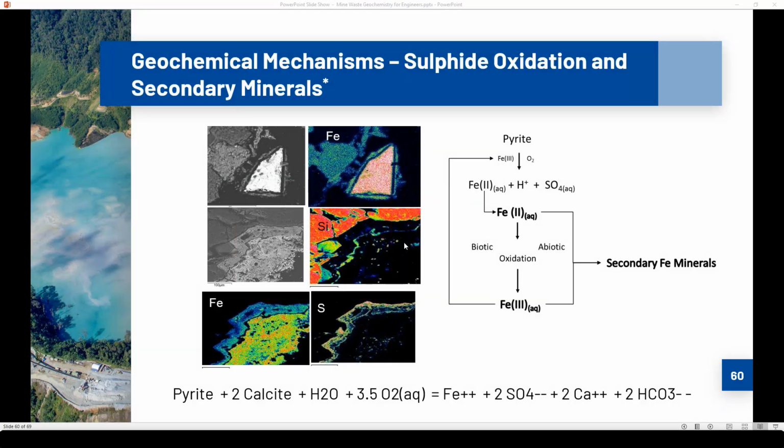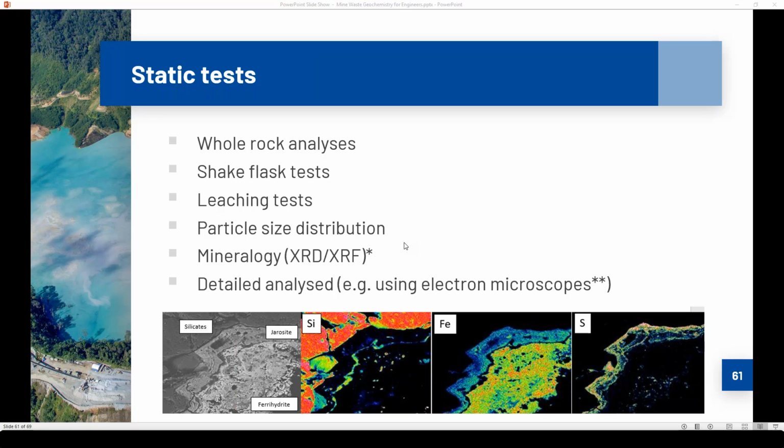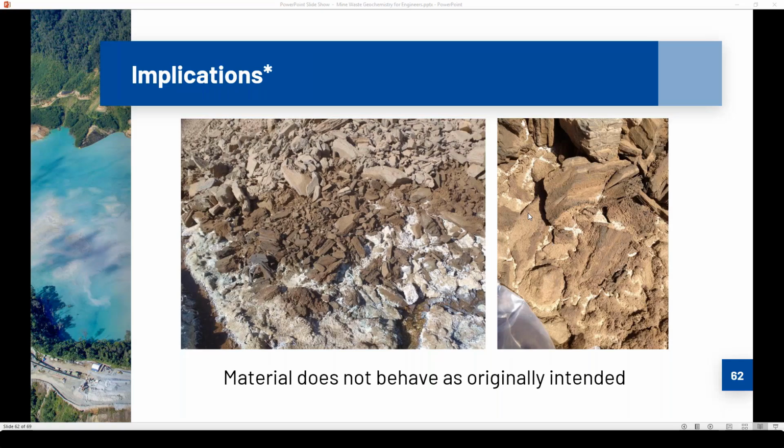So in this case study, we've used all the tools in that toolbox, including some images there from electron microscope work to understand how these secondary minerals form and what the drivers are in different facilities. So several static tests have been done there. At the bottom there, we're showing just some electron microscope images for that. The important bit is, what are the implications?